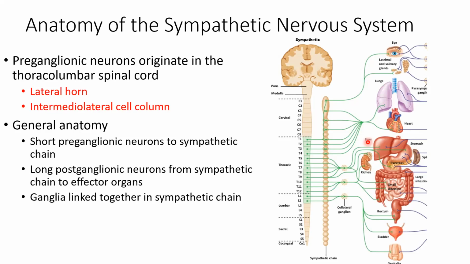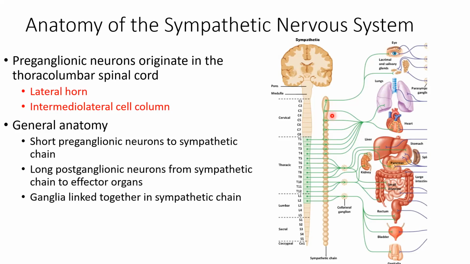And so the general anatomy is that we've got a shorter preganglionic neuron in the sympathetic system, and a long postganglionic neuron going from the ganglia all the way out to the effector organs that they're targeting. And the ganglia we talked about are collectively referred to as the sympathetic chain. This is an actual physical anatomical structure that you can look into the body.